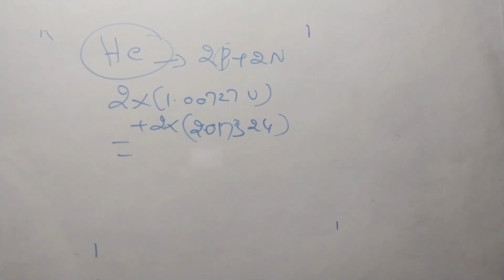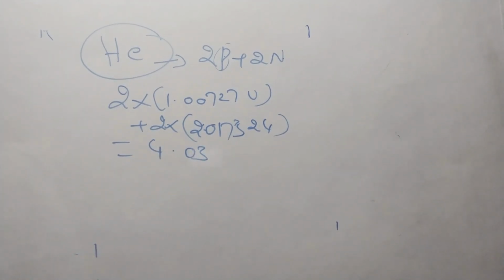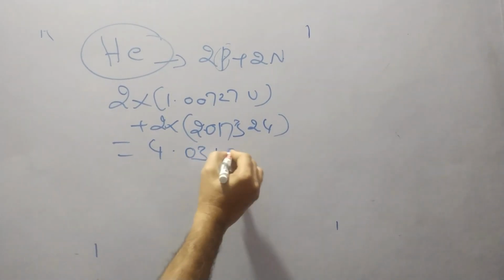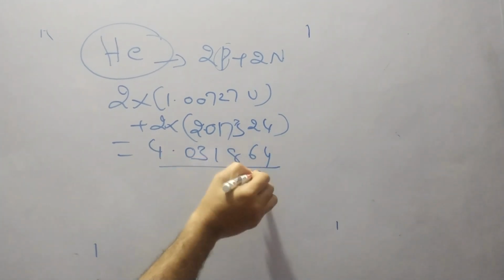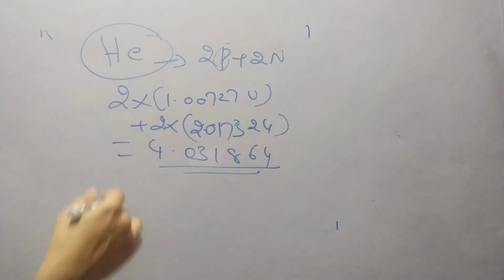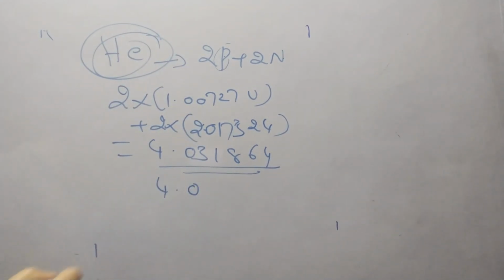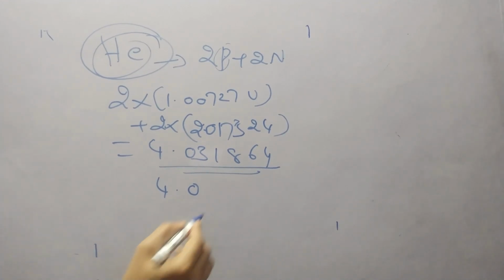If you simplify this, you get a mass of 4.031864. So this is the mass of helium from proton plus neutron. But actually, when you find the mass of this helium, it is 4.001534.